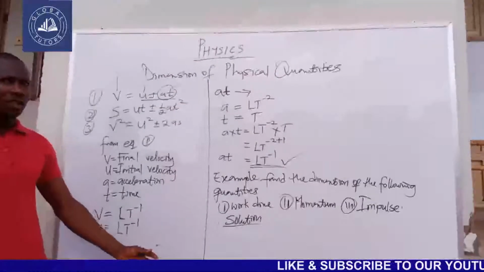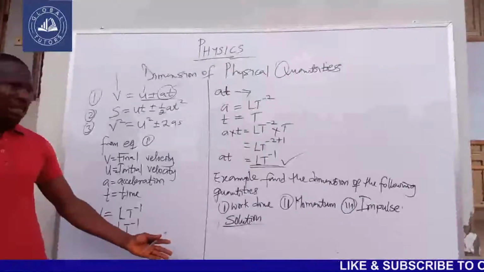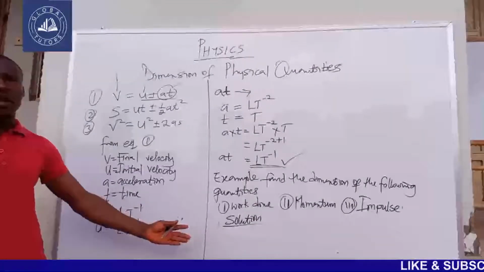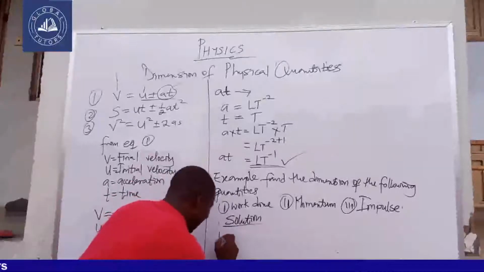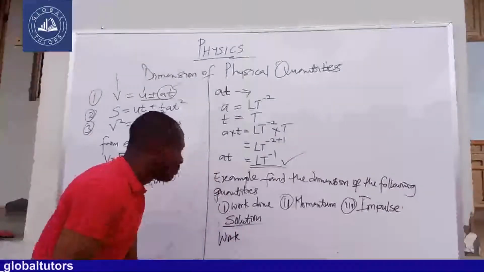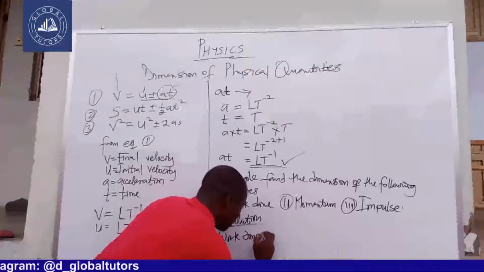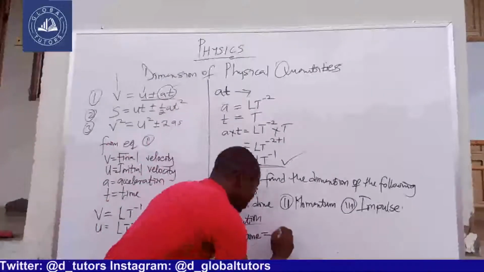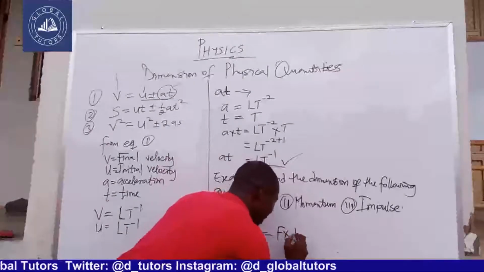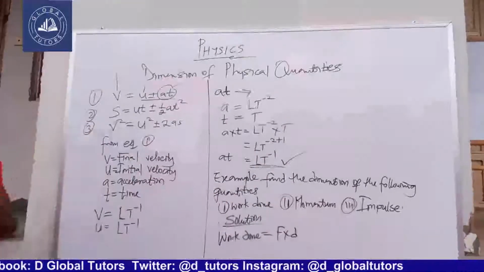Our work done is the product of force times distance in the direction of applied force. So we just put in the formula. Work done equals force times distance.